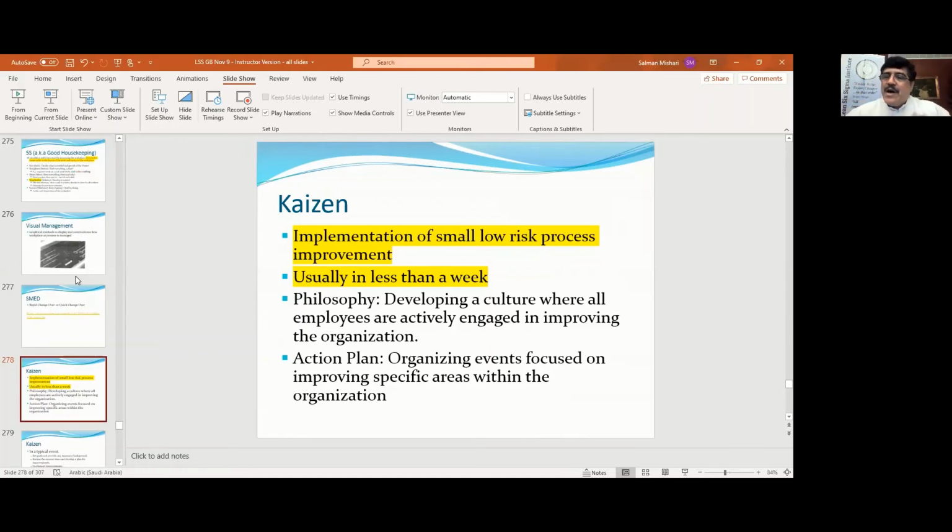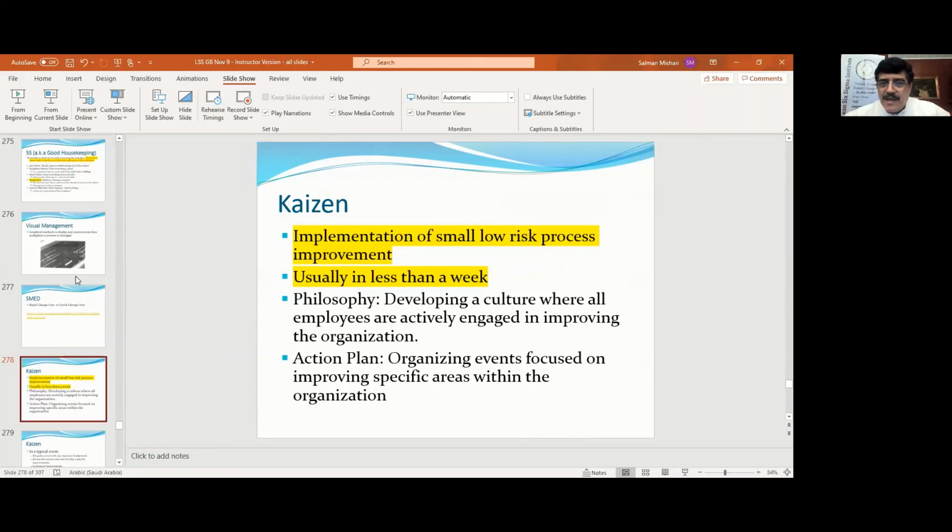And usually at a Kaizen event, people sit together and say, what can we actually change to improve? Maybe we can do this, maybe we can do that. It's like a little campaign, and you do a small improvement here, a small improvement there, and so on.